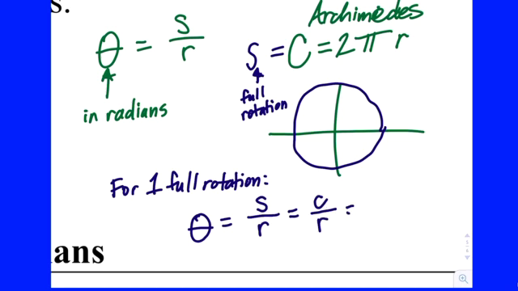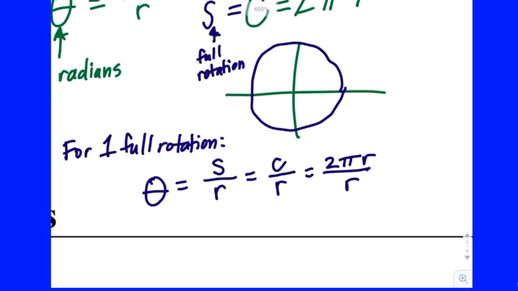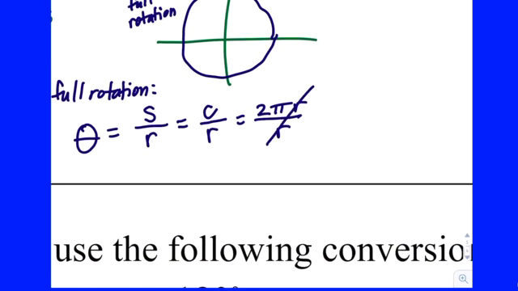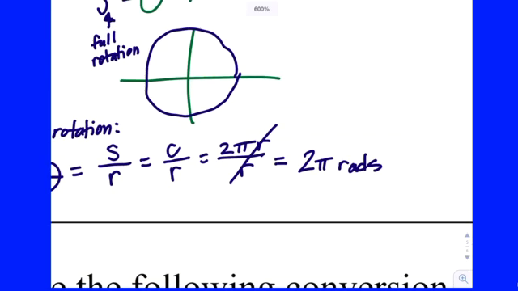Well, using Archimedes' formula, what is the formula for circumference? 2 pi r. So we get 2 pi r over r. And lo and behold, what happens to the r's? They divide out. And we get 2 pi radians. And that does it. One rotation then, we have it now.